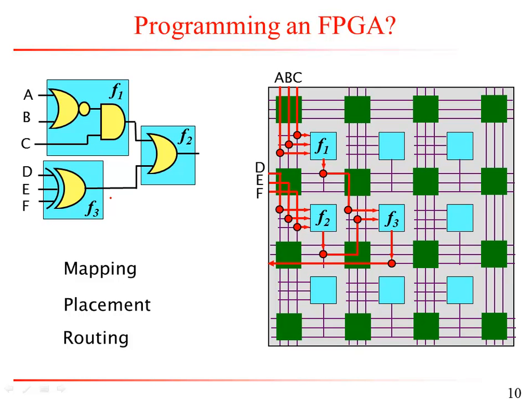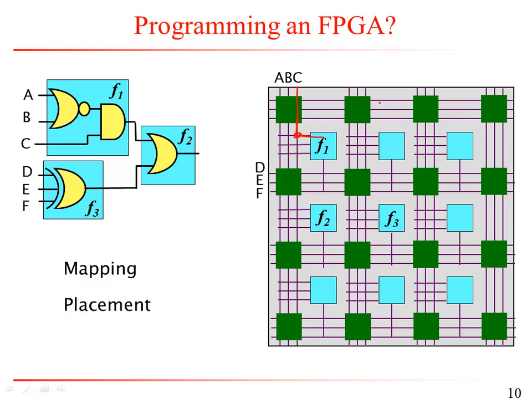And here you can see that these circles that I'm showing are programmable switches, and I'll talk in more detail about these in a couple of slides. Let me erase the routes. So basically what you need to do is go into this intersection and say, yes, this line has to connect to this line, and then here I have to make a connection so that this wire segment is going to connect to this function.